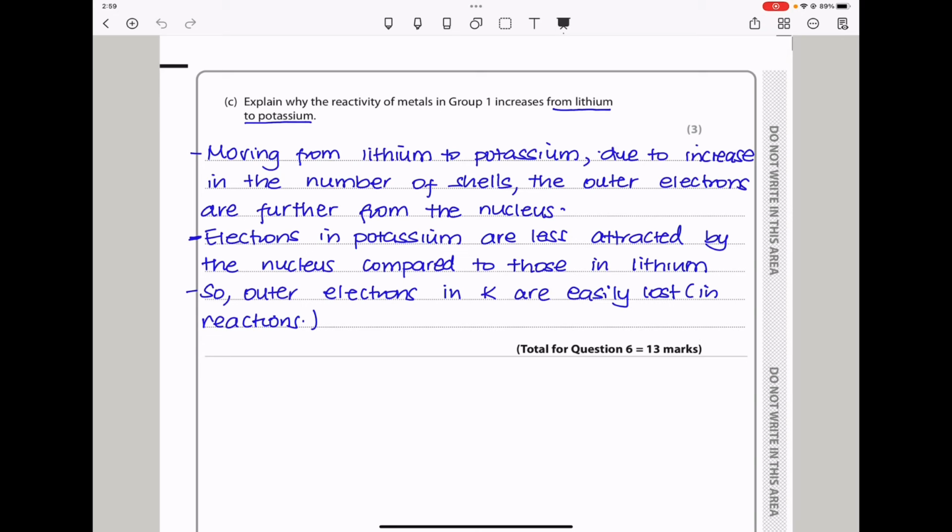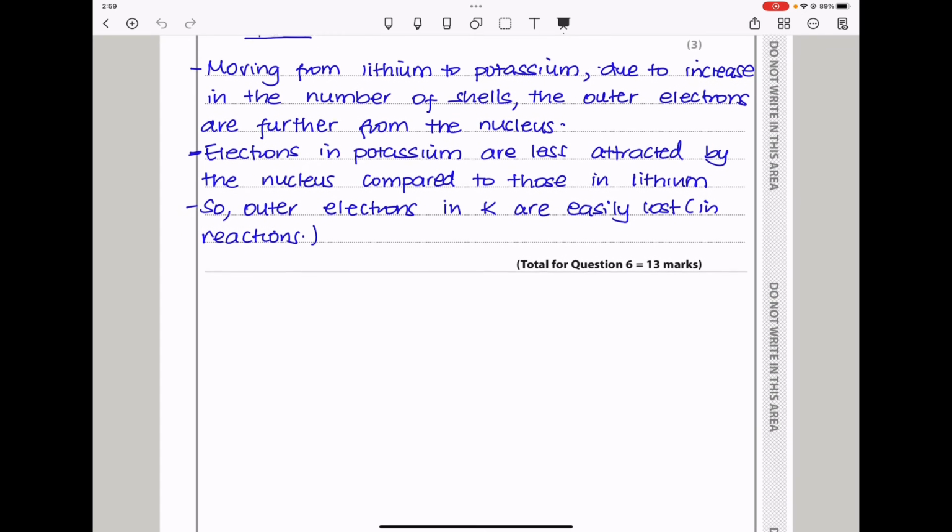So I said, moving from lithium to potassium, due to the increase in the number of shells, the outer electrons are farther from the nucleus. So electrons in potassium are less attracted by the nucleus compared to those in lithium. So outer electrons in potassium are easily lost in reactions. So this brings us to the end of question 6.